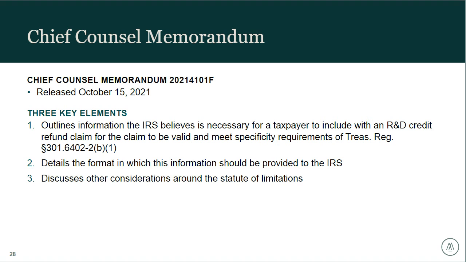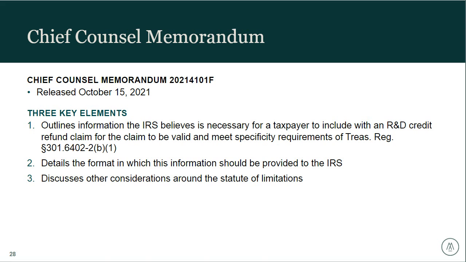And by refund claim right now, it's looking back. So if you're going back and amending tax returns to claim the credit, this information will be a requirement. It details what format they want to see the information, and it also discusses considerations around the statute of limitations. And when you are amending a tax return and providing this information, this is not an audit procedure. This is a selection procedure.